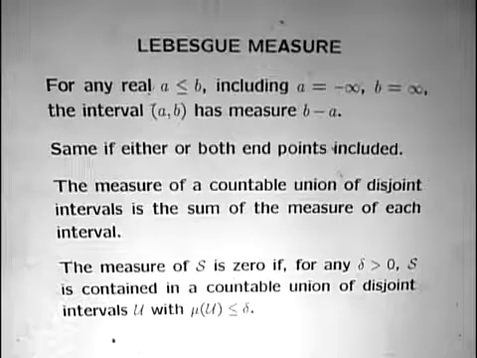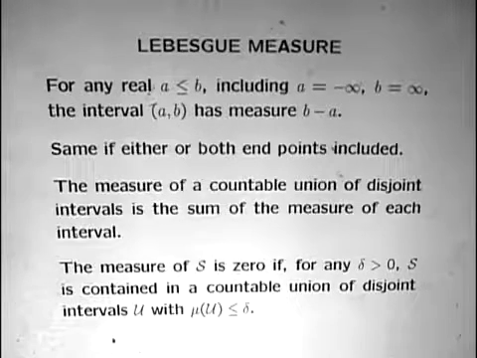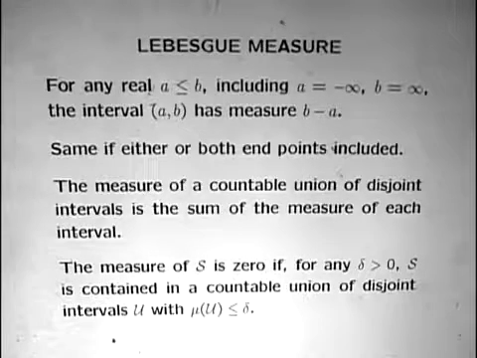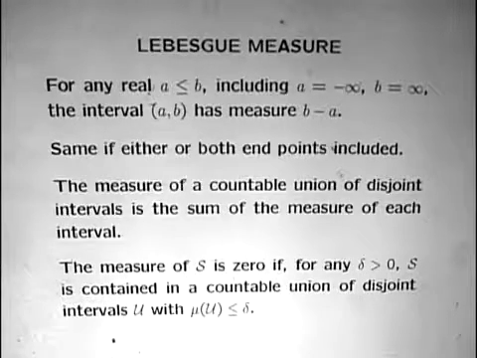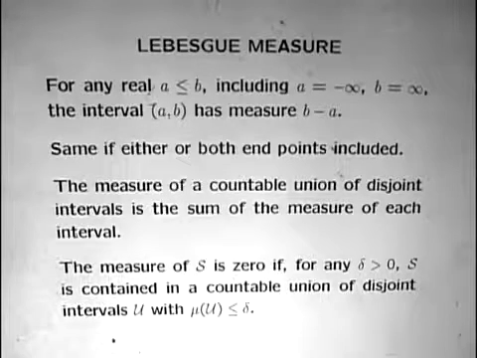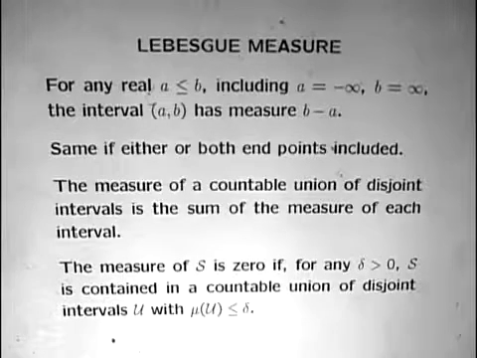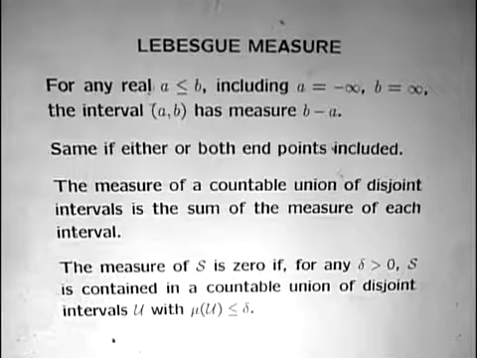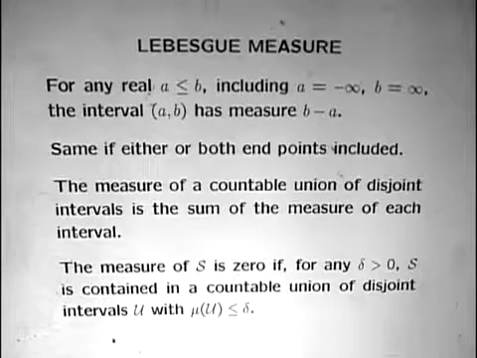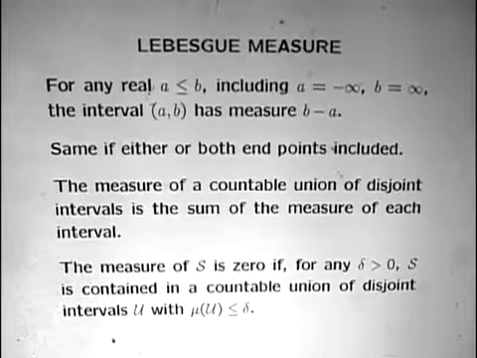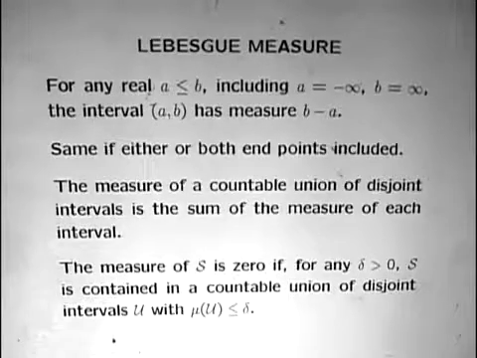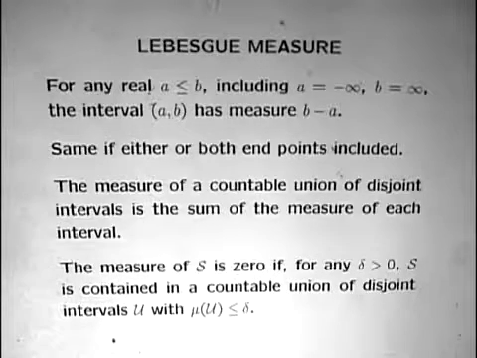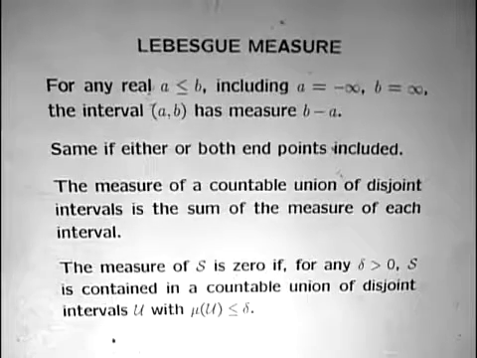Then he went on to say something else. The measure of a countable union of disjoint intervals is the sum of the measure of each interval. We already said when we were trying to figure out what the Lebesgue integral was that if you had several intervals, the measure of the union of those intervals ought to be the sum of the measure of each interval.